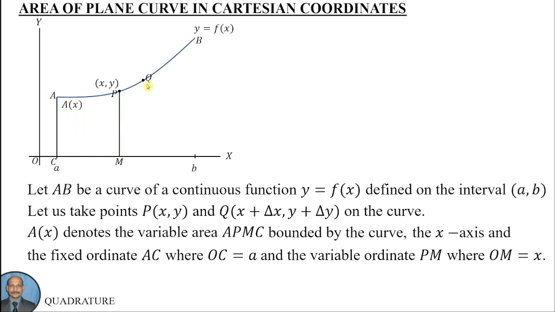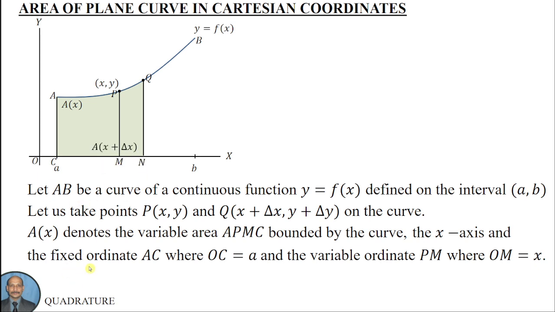Again, let us drop a perpendicular from Q on the x-axis. Let QN be the perpendicular. Since the coordinates of the point Q are x plus delta x and y plus delta y, ON is equal to x plus delta x and QN is equal to y plus delta y. We consider the area of the region AQNC, and this area is denoted by A(x plus delta x).